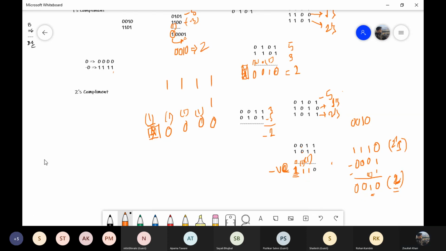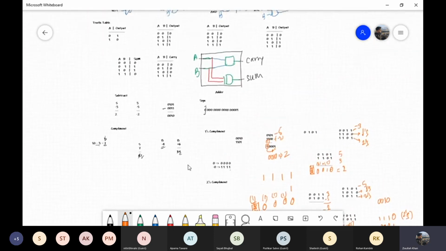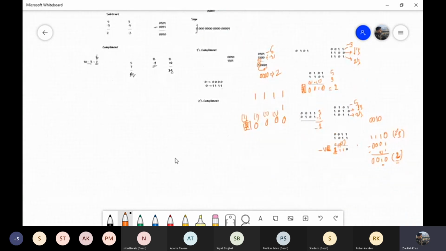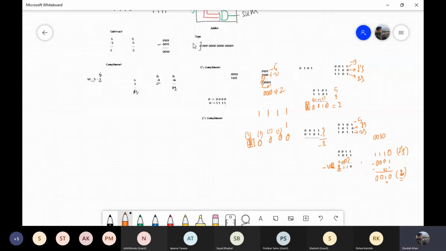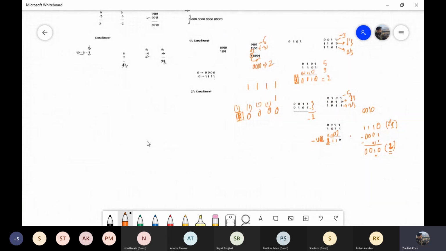The reason I'm showing you all this is because these adders and subtractors eventually are put together into multiple bits. These adders and subtractors become part of the microprocessor.